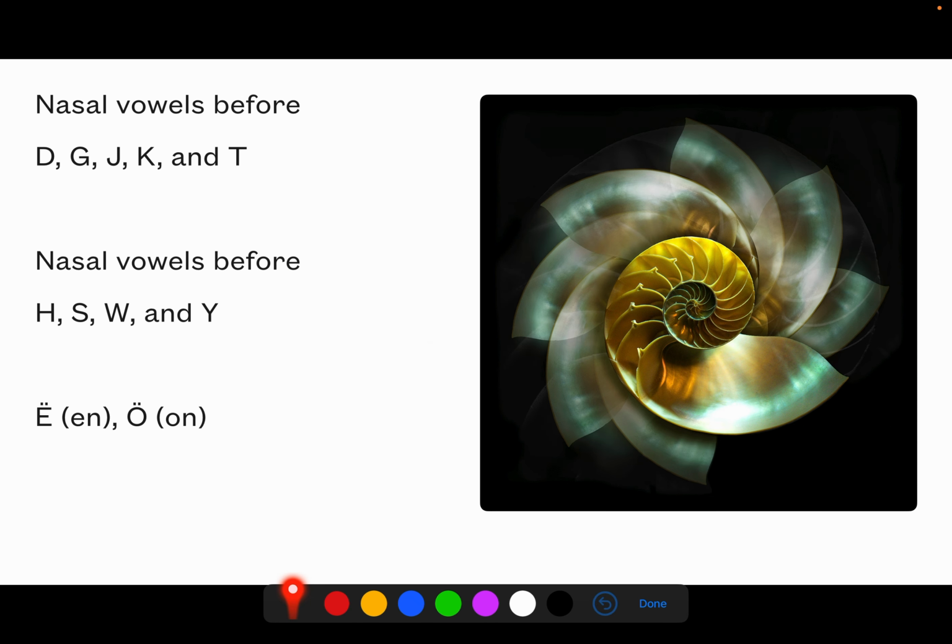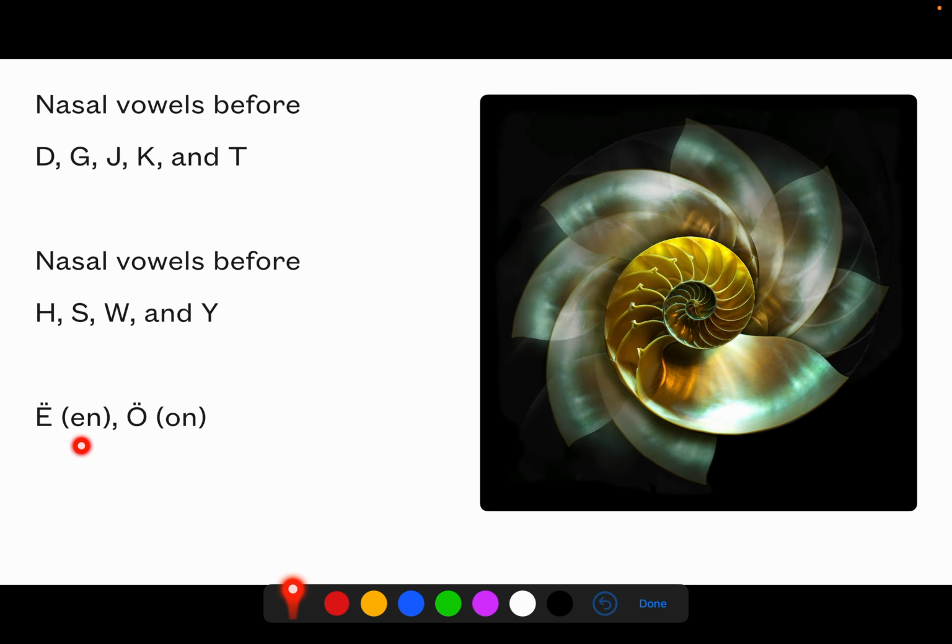So nasal vowels do different things before certain consonants. What I noticed over my time teaching is that when it's in front of these consonants, it does something different than when it's in front of these consonants here. It's not a universal rule that in front of a consonant it's always an N sound.